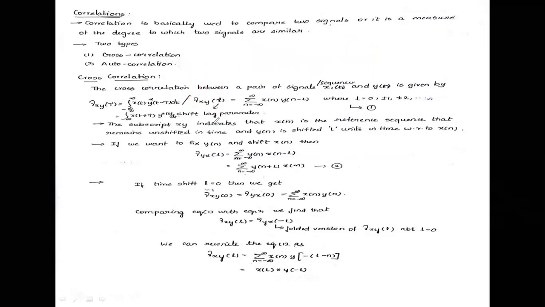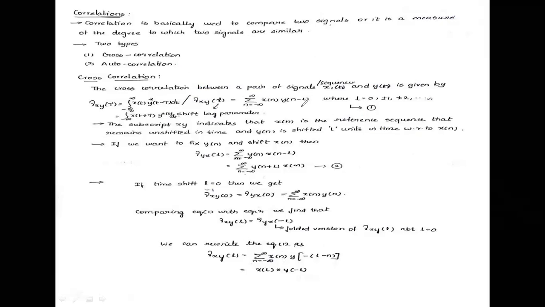Cross correlation definition: integral from minus infinity to infinity of x of t, y of t minus tau dt. Take any one as a conjugate, or if it is a real value, the sum of n equal to minus infinity to infinity of x of n, y of n minus tau.